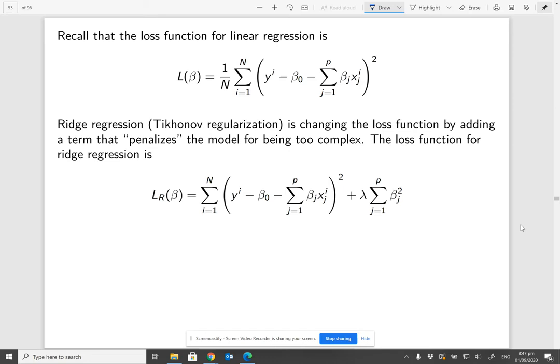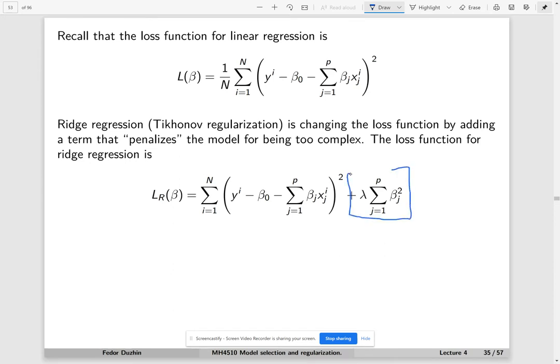In any case, this is changing the loss function by adding a new term. This new term is the regularization term, and it penalizes the model for being too complex, right? So basically, the idea here is that if at least one of the coefficients beta is too large, then the model is going to suffer a penalty, right?